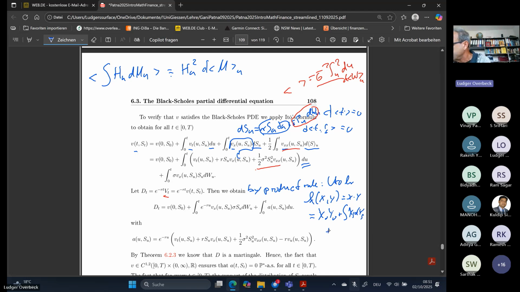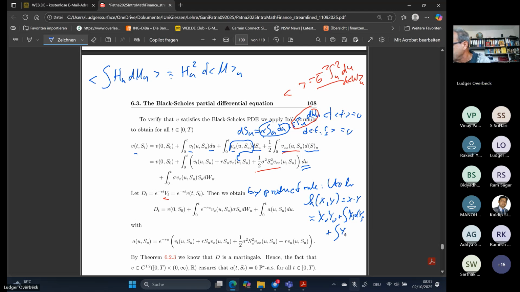The same, derivative with respect to x gives you y. Mixed derivatives gives you 1, so this one remains. Second derivative to x is 0, second derivative to y is 0. That's the product rule.